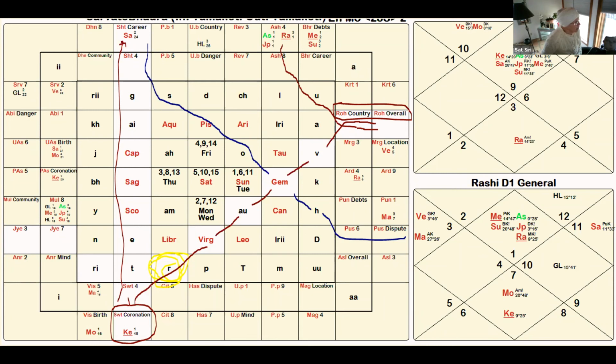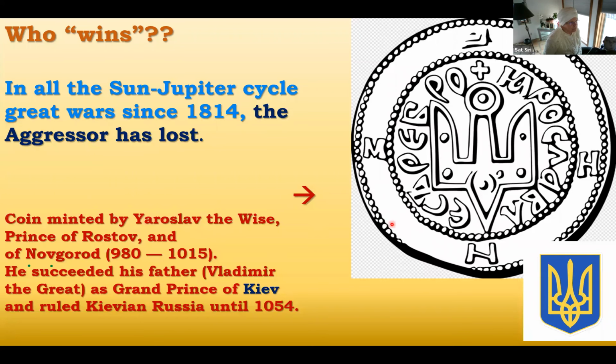So we can say again, who wins? Who really wins in a war? No one. In all these Sun-Jupiter cycle wars, the 4 of them since 1814, or 1818, whichever it was, the aggressor has lost.